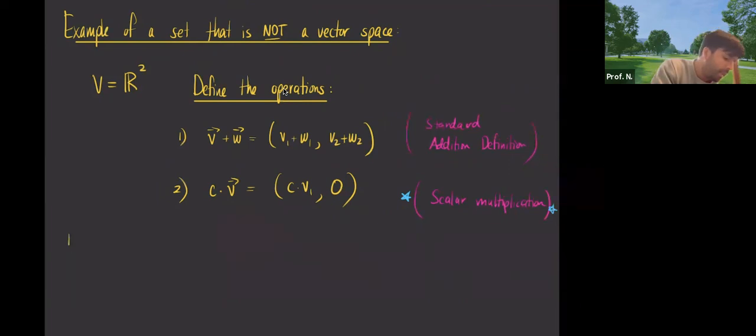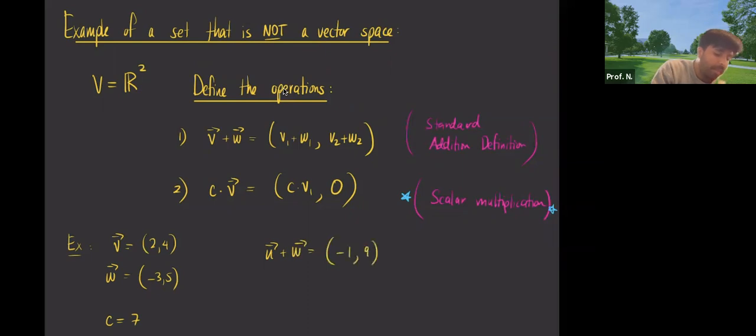In this example, let V be (2, 4), and let W be (-3, 5). And let my scalar be 7. What is V plus W? It's (-1, 9), right?